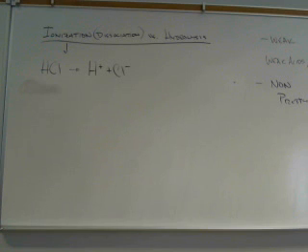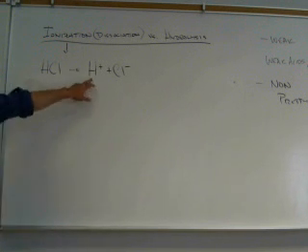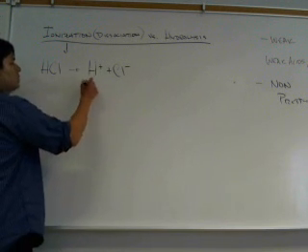How many protons? One. How many neutrons? Zero for the most common. And how many electrons? None, because it's lost it. And so this is just a proton.